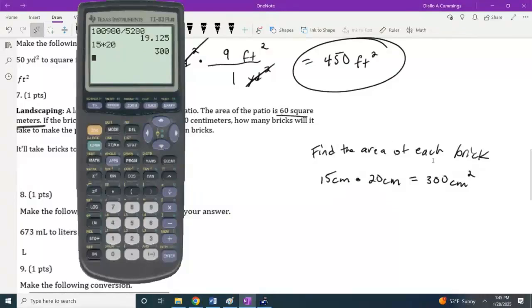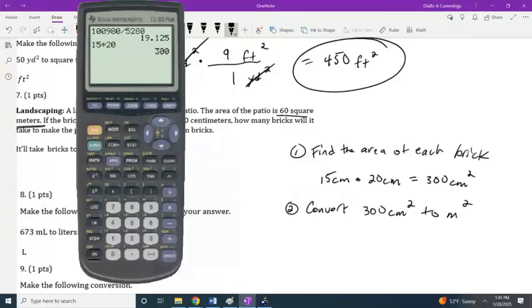So now this is what we need to do. The second thing we need to do is convert 300 square centimeters to square meters. Right?